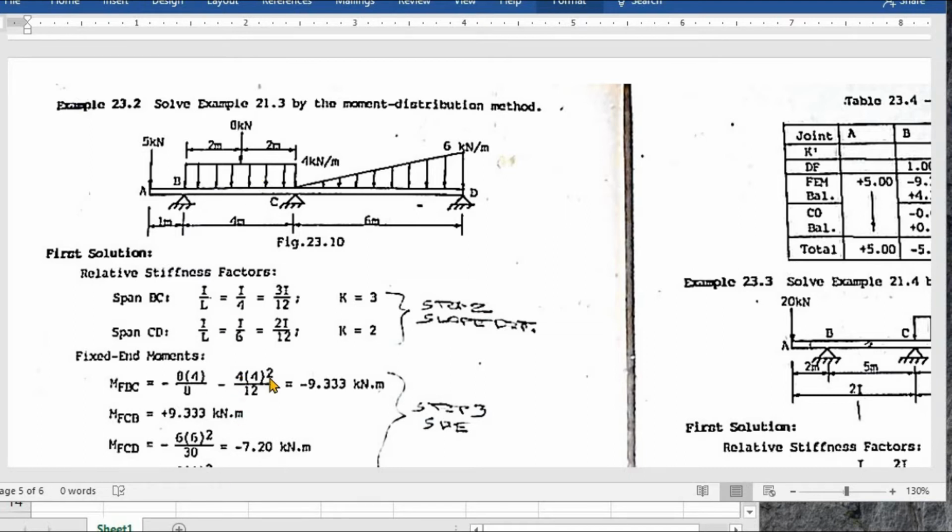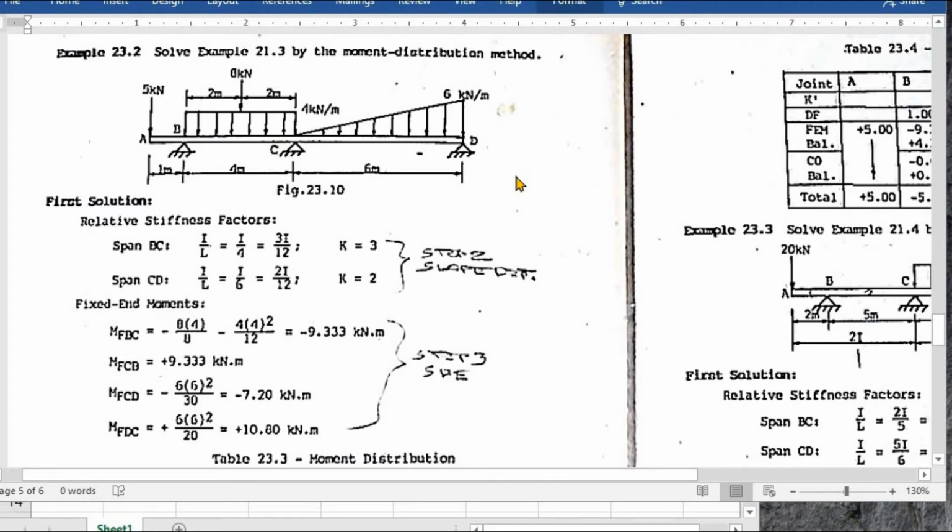So that is 4 times 4 square all over 12. Actually, ina-add ko na lang yan. And then, i-consider ko yung direction ng reaction moment. So for this uniform load and concentrated load at BC at point B, counterclockwise direction ng moment, kaya negative ang ilalagay ko doon. And then for CB, they are the same but opposite in direction, kaya this time it's 9.33.